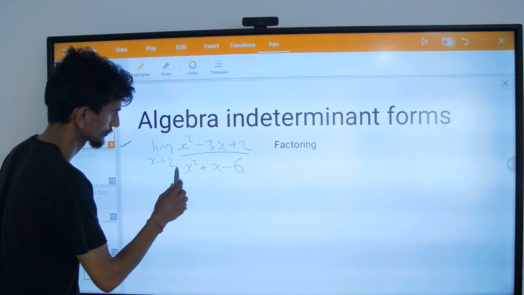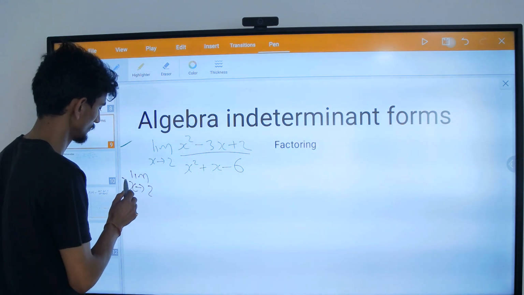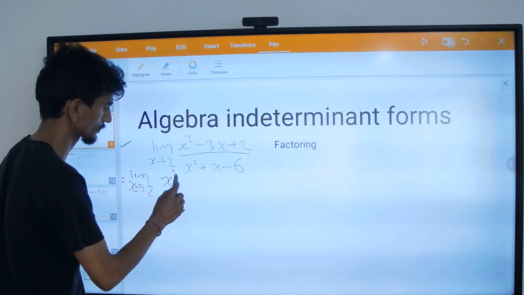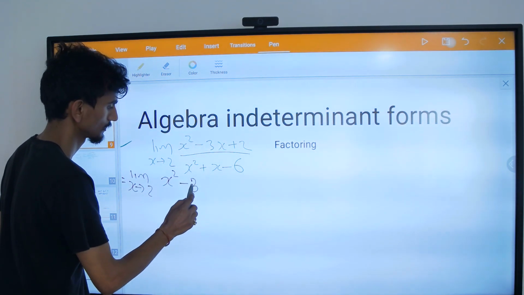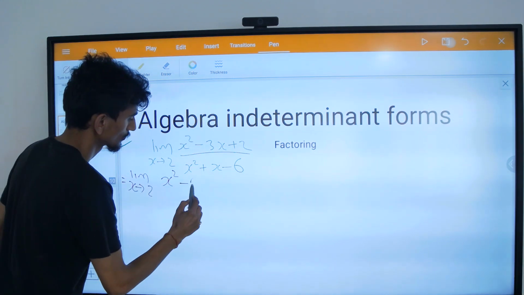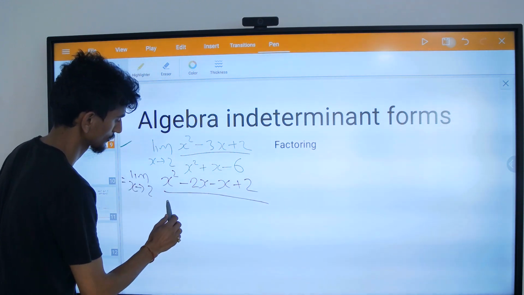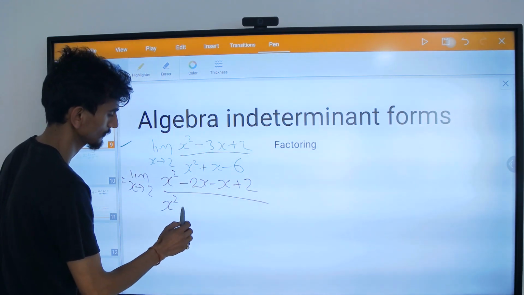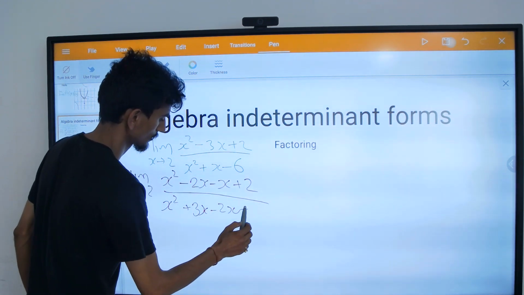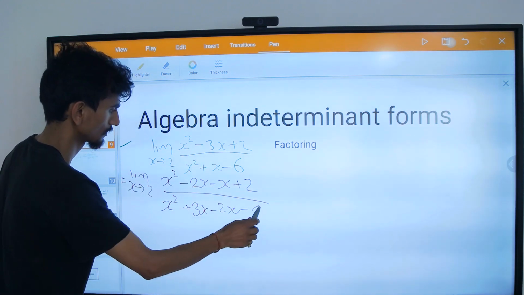So we take the limit as x tends to 2 of x square minus 3x plus 2, and in place of this we can write x square minus 2x minus x plus 2, divided by x square plus 3x minus 2x minus 6.